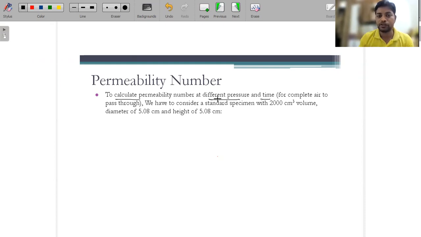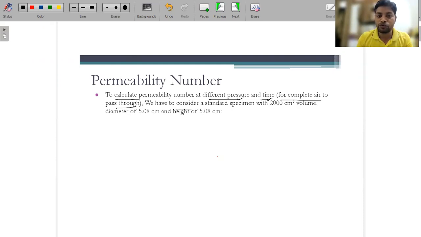These are the two components we have to keep in mind: the pressure and the time. We use this for complete air to pass through, meaning whatever air or gases are there should be removed throughout the process, throughout the molten material that we are filling.